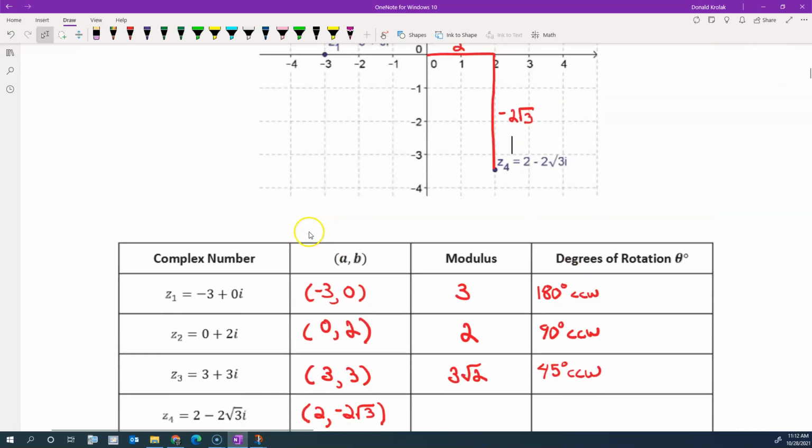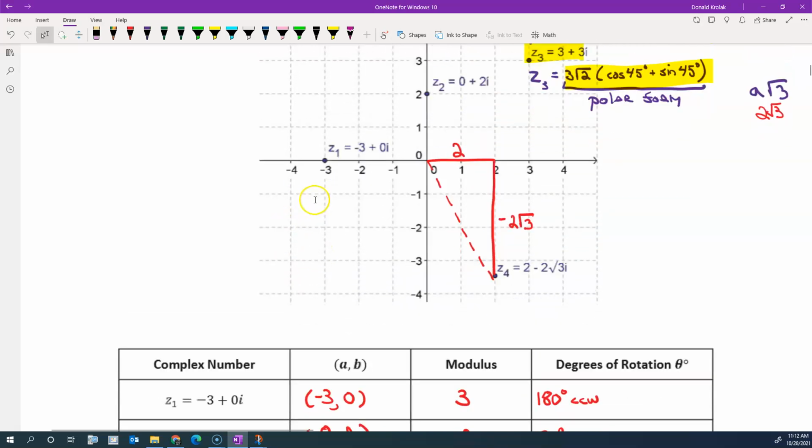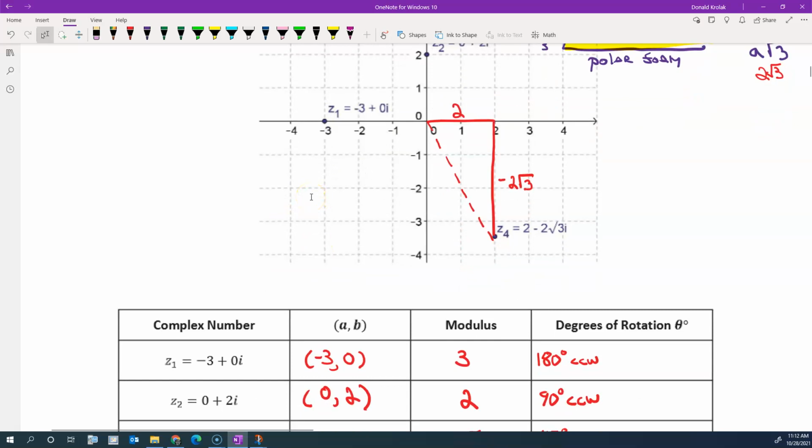Okay, so now what's the modulus? That's this dotted line. What's that length going to be? Anybody know, like, lickety split without doing any math? How long is it?